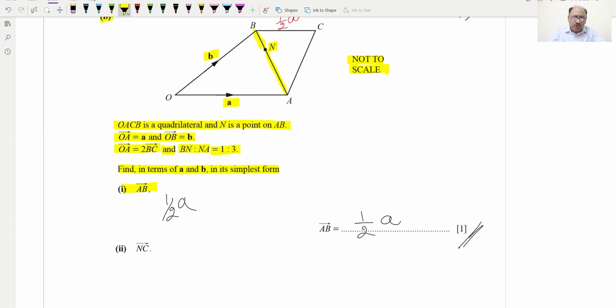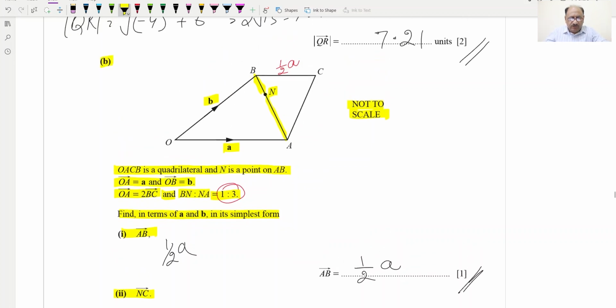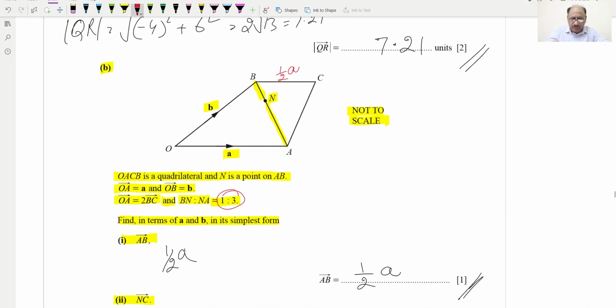So 1:3 means the total portions are how many? Total portions are 4, so 3 plus 1 is 4. First we will find AB. What we have to do is find NC. So where is NC? NC is this one, and for NC we require this direction.